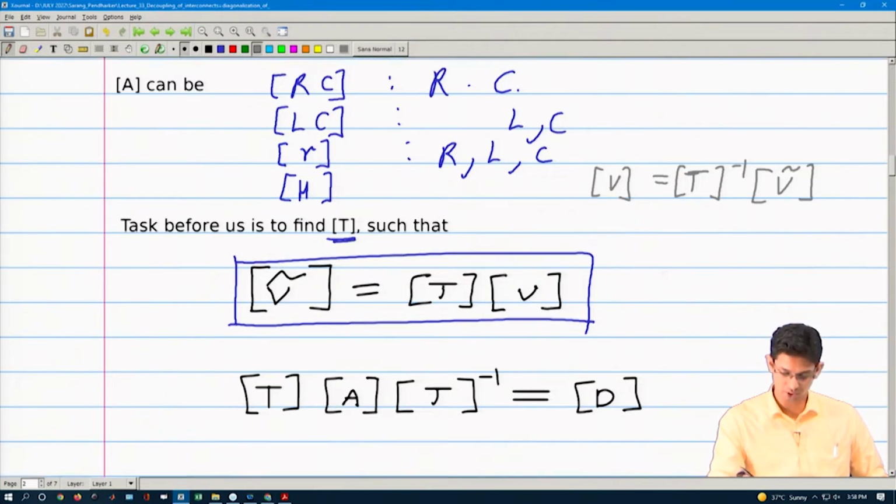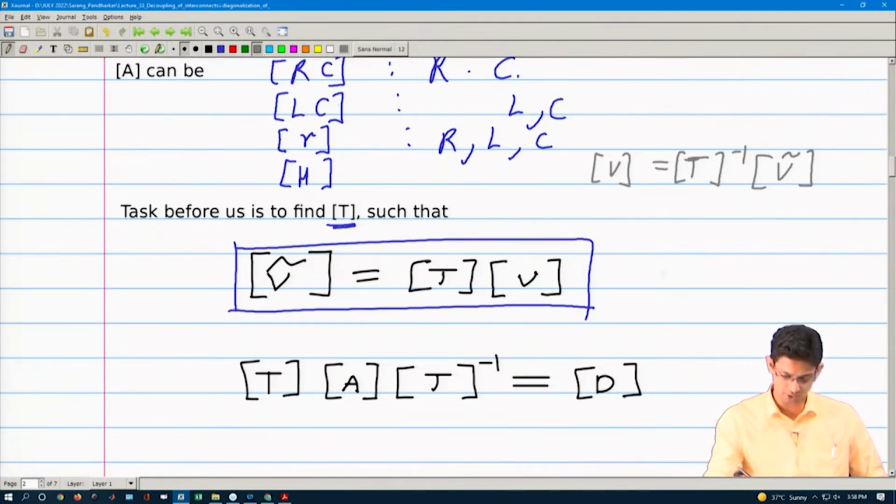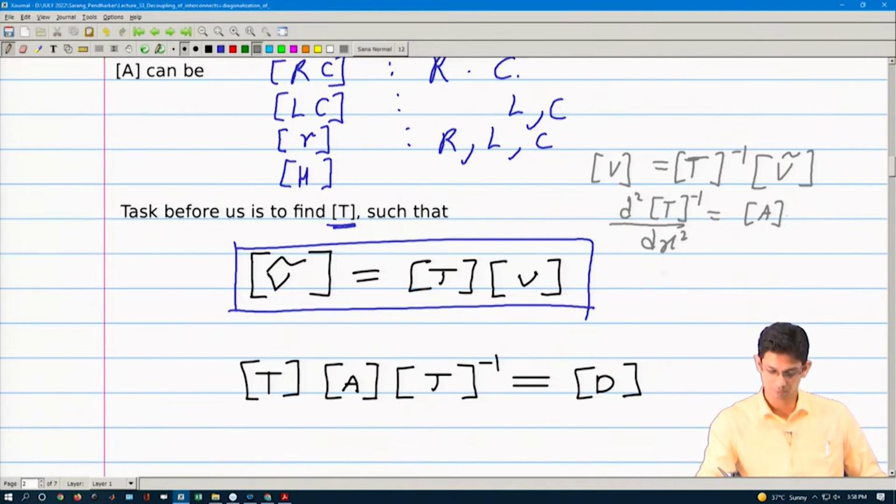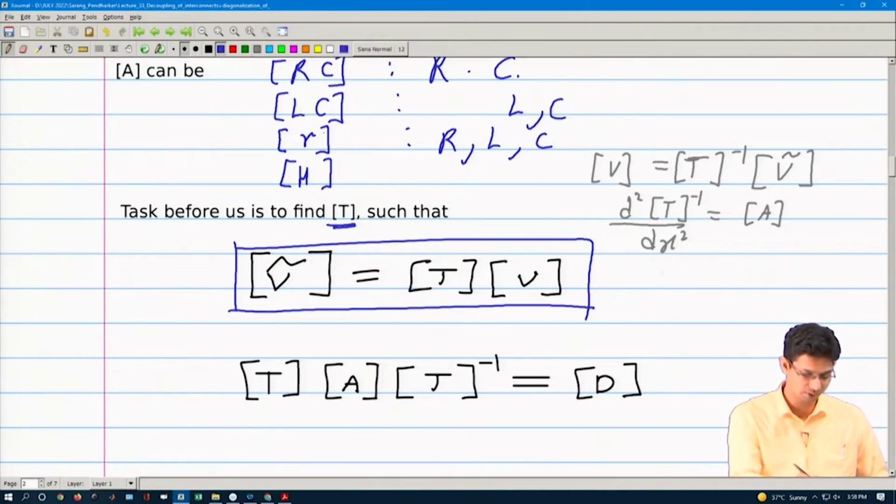Now, if I substitute this V in any of these differential equations which it is governing, I may have d2 T inverse V tilde by dx square is equal to some matrix A times V. A can be gamma, A can be RC, there would be a gamma square here.